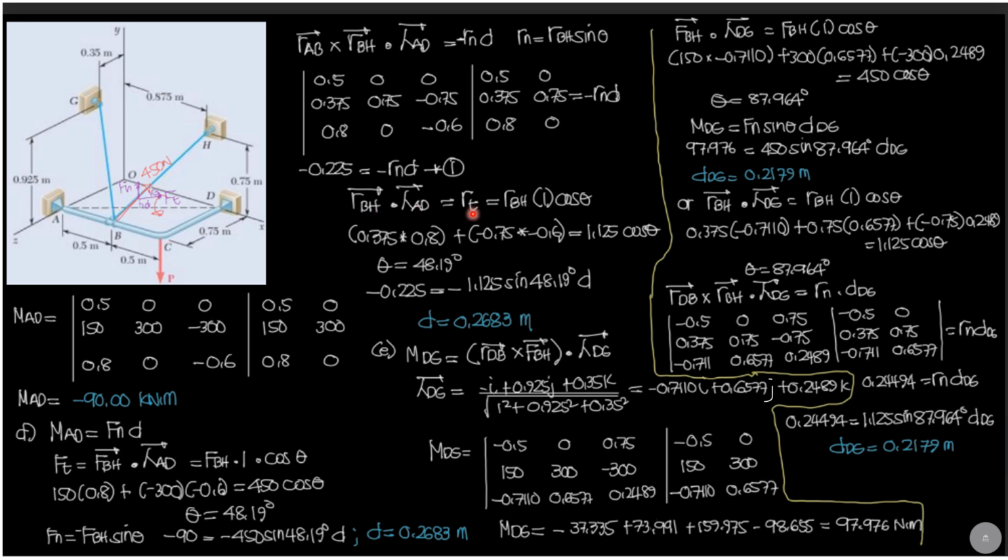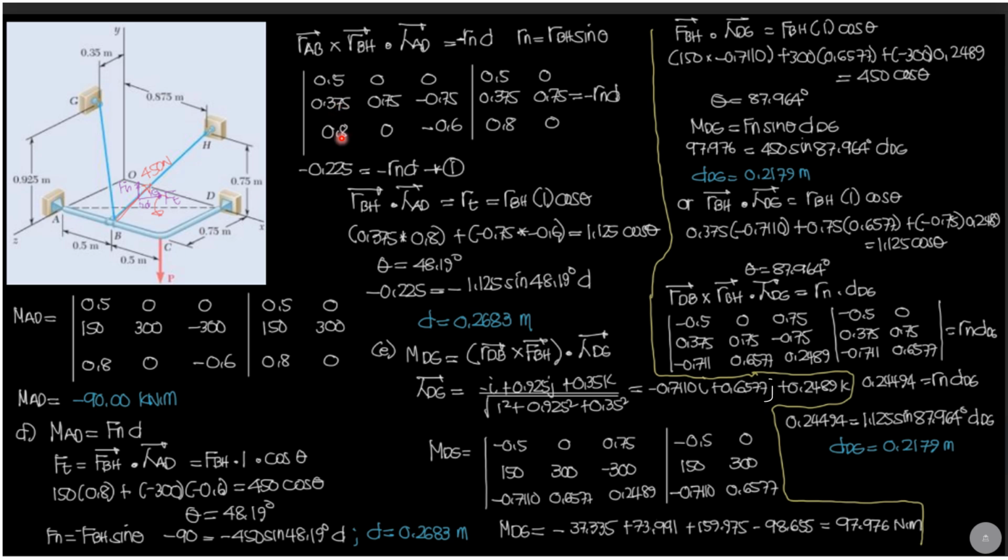That's the tangential component of distance along AD, and by definition of that product, it is magnitude of BH, magnitude of unit vector AD, which is 1, times the cosine of the angle between them. So RBH is this one, then lambda of AD is this. Obtaining the dot product, it is sum of product of corresponding components.